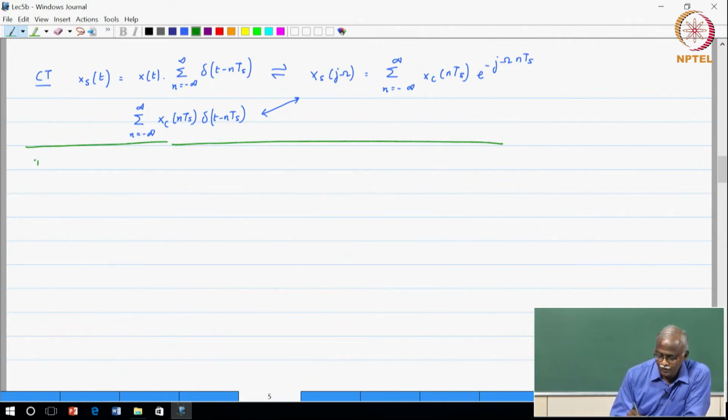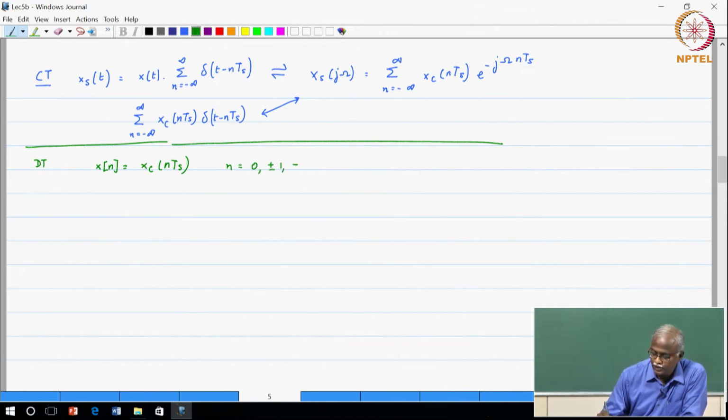Now moving over to the discrete time domain, x of n is xc of nTs, okay, and of course n is the periodic sampling where n equal to 0, plus minus 1, plus minus 2 and so on.